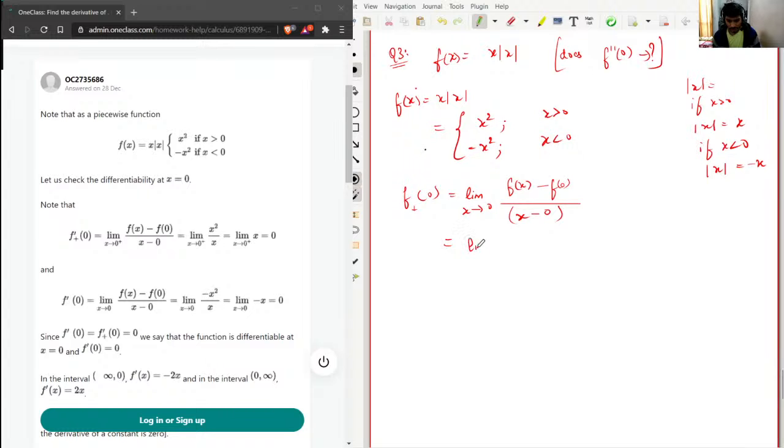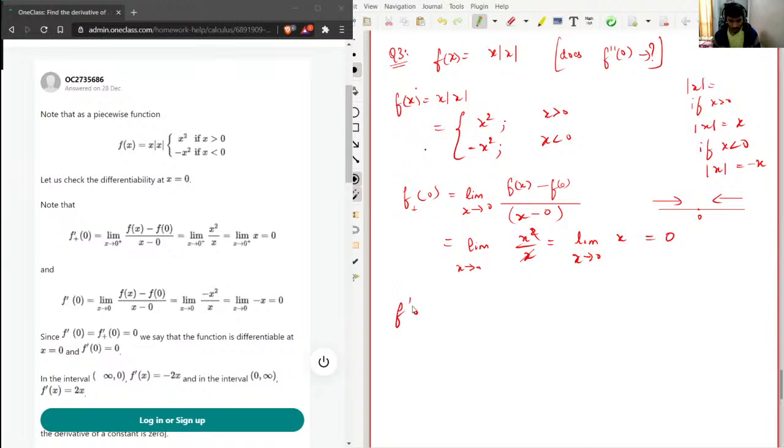So this will be limit x approaching 0, x square over x. This x and x will get cancelled, and this will become limit x approaching 0 of x. I can just put the value and I will get this as 0. So suppose this is the number line, this is the point 0. Earlier we were coming from here, now we'll go from here.